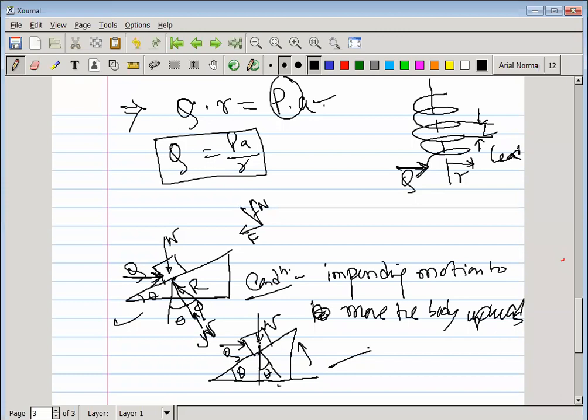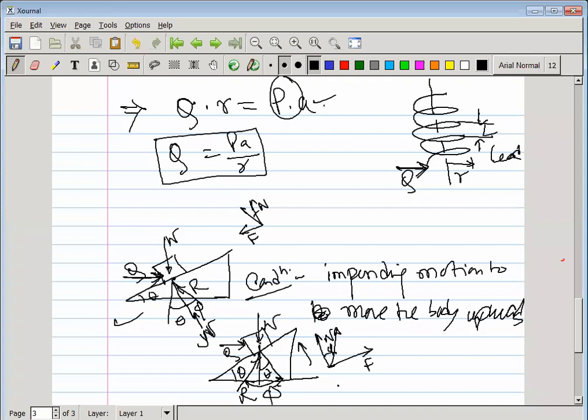So the normal is in this direction, right? So the resultant is in this direction, this is your phi. So what is the phi here?